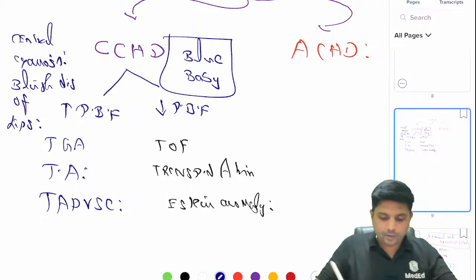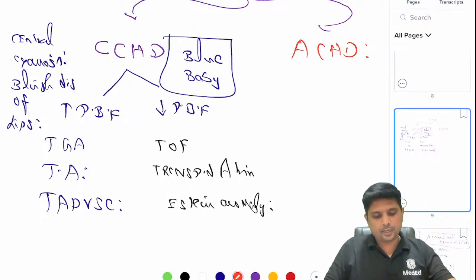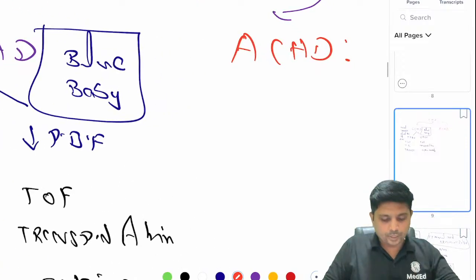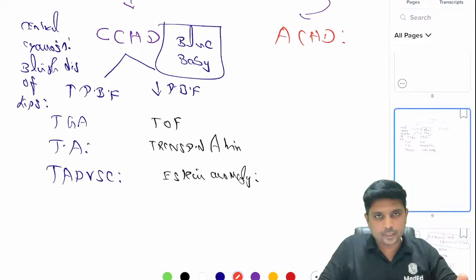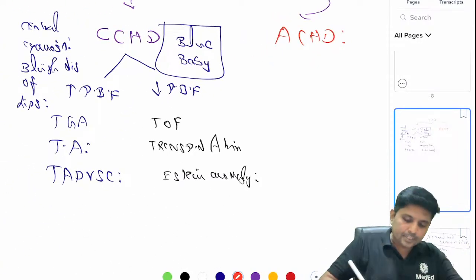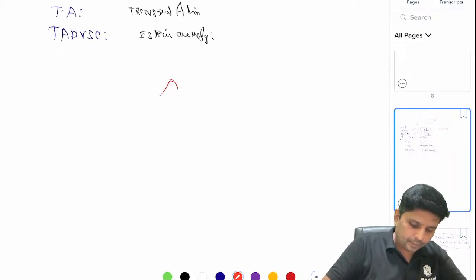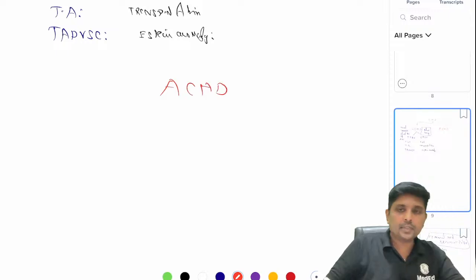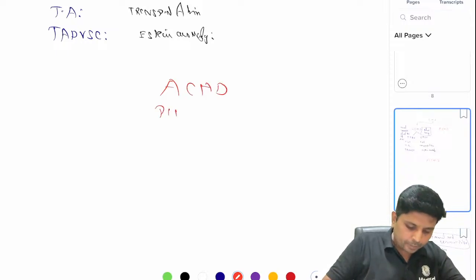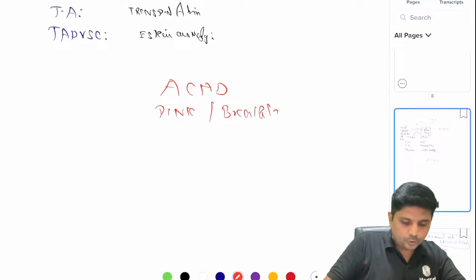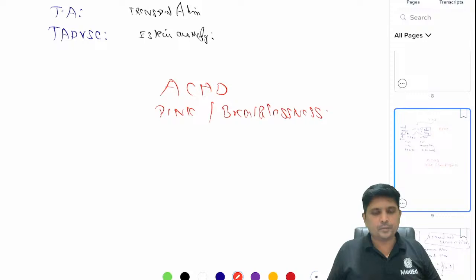Okay, blue baby. What is meant by acyanotic congenital heart disease? This is cyanotic congenital heart disease. What is called acyanotic congenital heart disease? Let me explain. These are all pink babies, usually presenting with breathlessness, increased breathing.